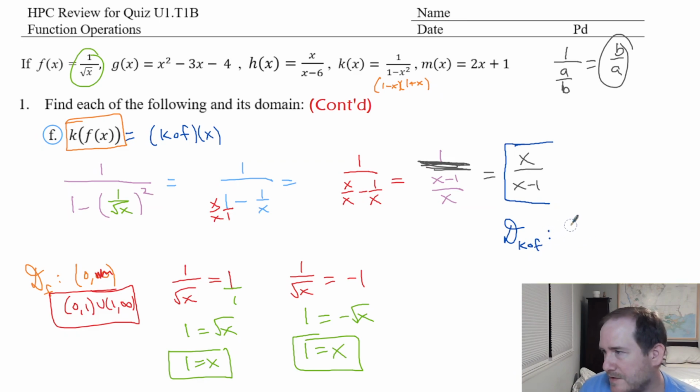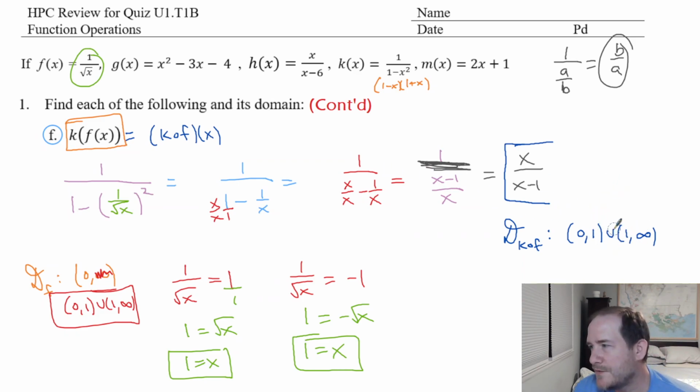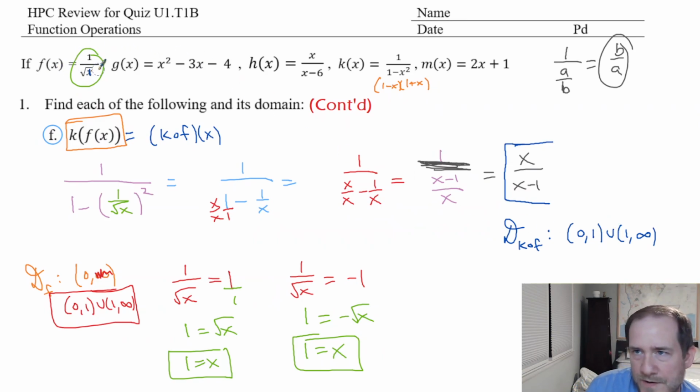We just said it's going to be 0 to infinity. That's to satisfy the domain of f, but then also no ones. And the no ones thing, I don't want to keep repeating myself, but I'm going to say it one more time: if you plug in 1, that has an output of 1. Then you try to plug 1 into k, and you're undefined. So the 1 is bad. So that's your domain.